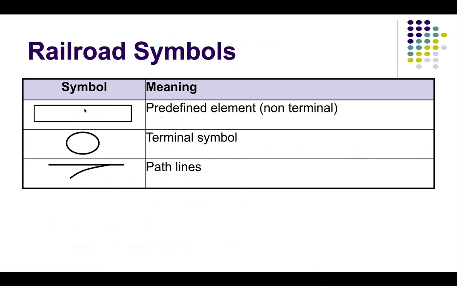Its equivalent in railroad is something that is in a rectangle. A terminal symbol means you must go through it, and is in a circle, and then just the path lines is the logic that it follows, okay? And we'll go through lots of examples of this.